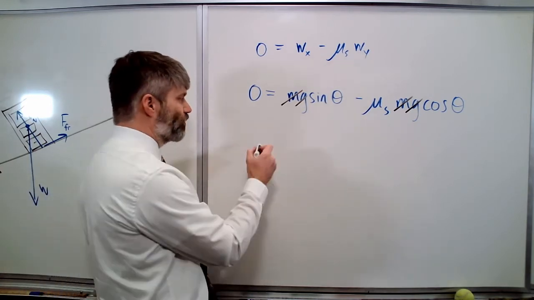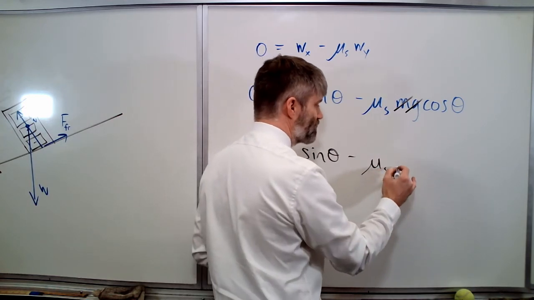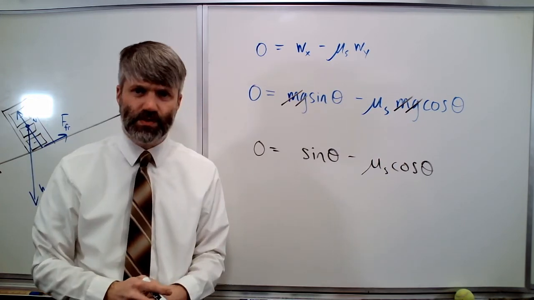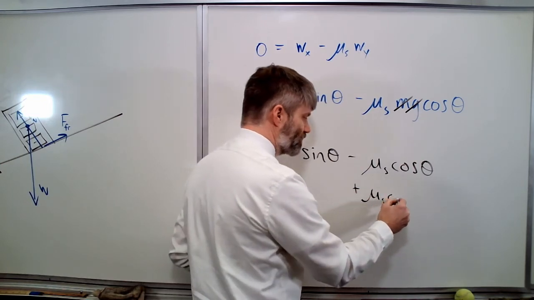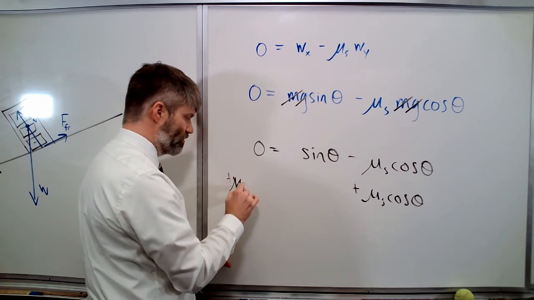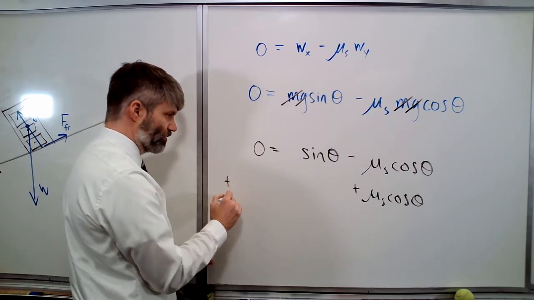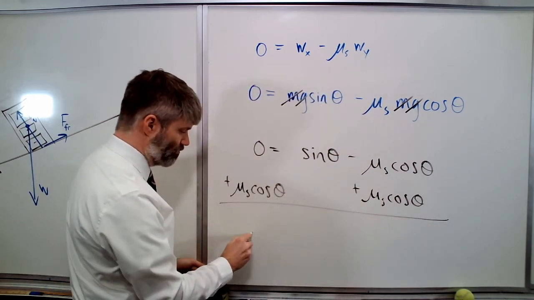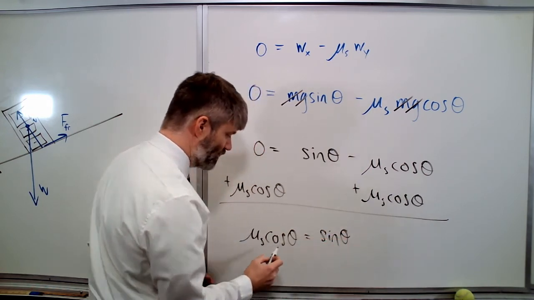So let's see where we're at. We've got 0 equals the sine of theta minus mu s times the cosine of theta. And we're trying to solve this for theta. So I'm going to add the mu s cosine of theta to both sides. So mu s cosine of theta is equal to sine of theta.